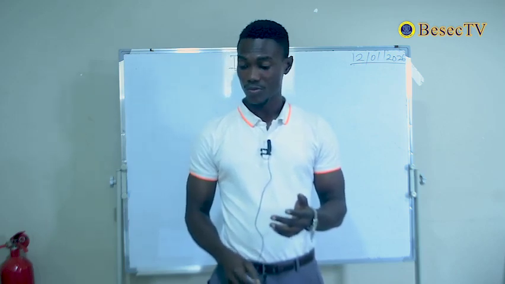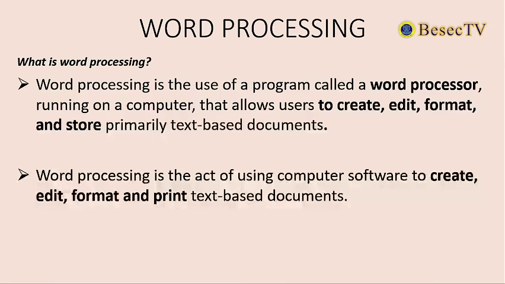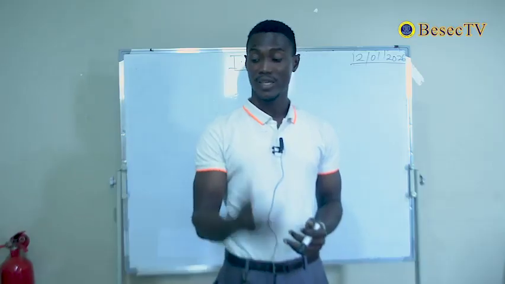So a word processor is a software or a program that must be running on a computer, and it allows a user to create, edit, format, and store primarily text-based documents.